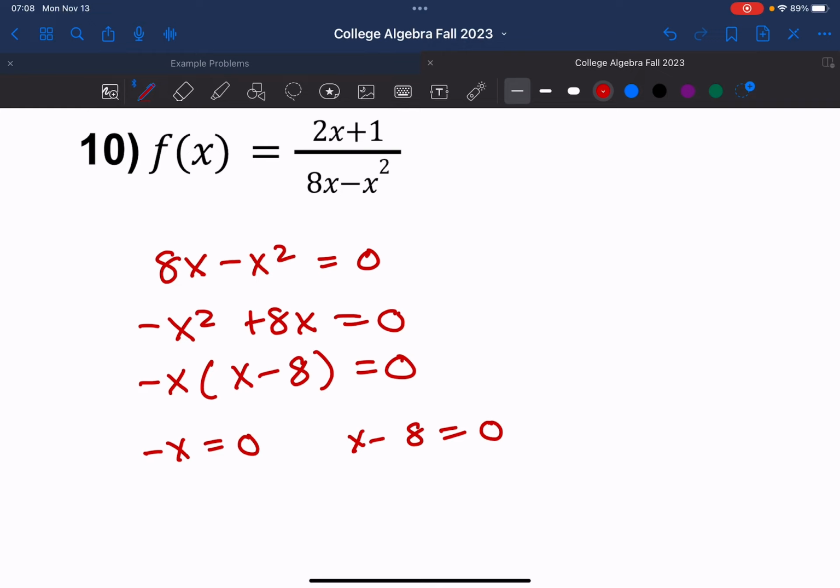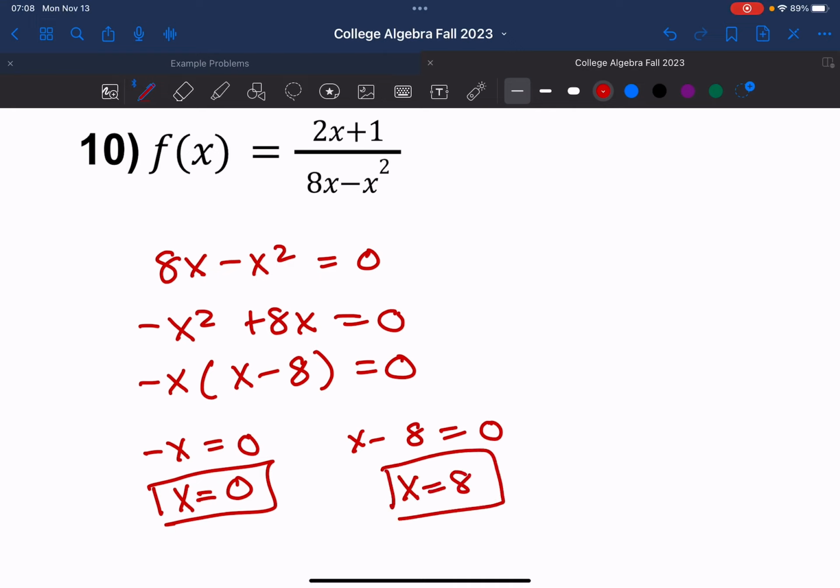If I set that negative x equal to 0 and divide both sides by negative 1 to get rid of that negative, I'm left with x is equal to what? 0. That's my first one. What's my second one? 8. x equals 8. Again, I had that x squared in my problem, which tells me it's degree 2, which means I have 2 possible answers.